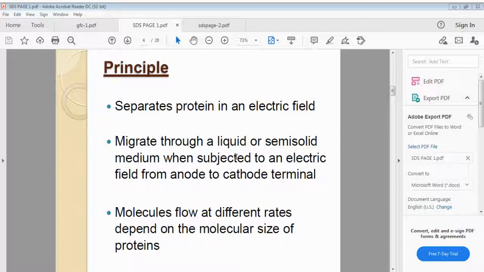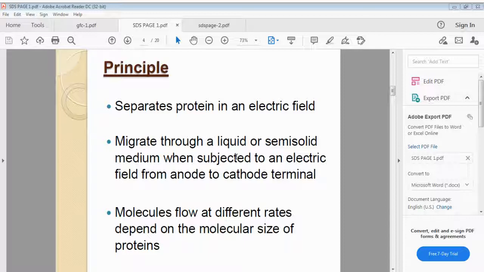So here, unlike gel filtration, the molecules migrate through the pores, but the separation will depend upon the charge. So totally, electrophoresis and chromatography can be differentiated by how they move, based upon the charge or based upon the size.